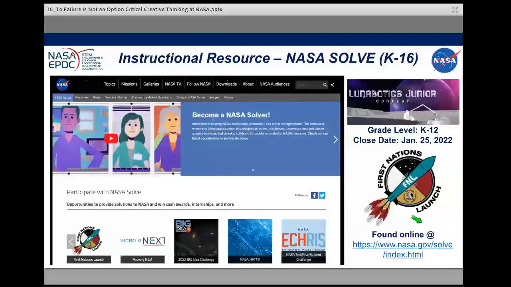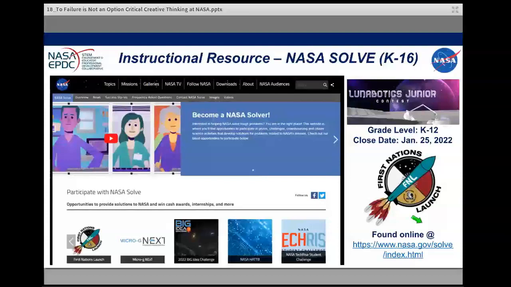And so going back to this idea that NASA scientists and engineers do not have this perspective that we have all the answers, that perhaps somebody outside of NASA might have a perspective that is the key to solving the problem, I direct you to this particular website. It's called NASA Solve. There's the link down in the bottom right corner there.